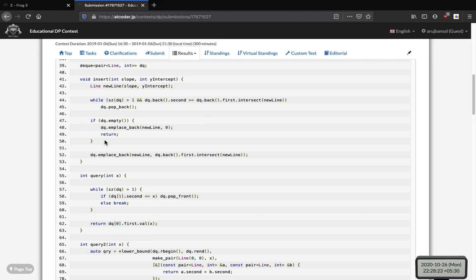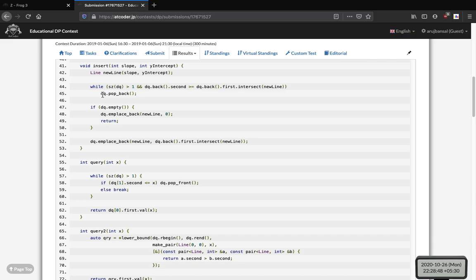Now in the end, we should perform this deque empty check, and this is because initially when our deque doesn't have any lines, then we can't really access anything at the back of the deque. So we insert a new line and we say that it becomes useful from the x coordinate 0. Since all our queries are positive, we won't have any negative x value queries, so this will work.